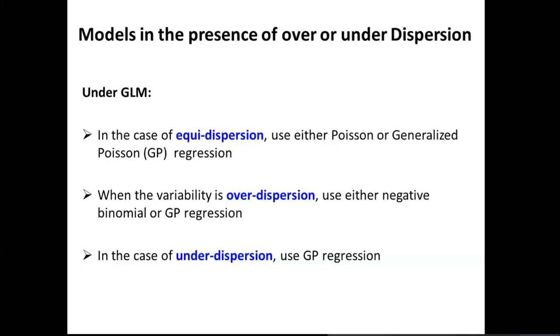Equidispersion ከሆነ Poisson መጠቀም ትችላለህ, or it doesn't matter whether you use generalized Poisson or not. When the variability is over dispersed, use either negative binomial or generalized Poisson regression. Negative binomial መጠቀም ትችላለህ or generalized Poisson መጠቀም ትችላለህ። Under dispersion ከሆነ ግን generalized Poisson, because negative binomial is only for over dispersion, and Poisson is only for equidispersion, so the universal one for all is generalized Poisson.